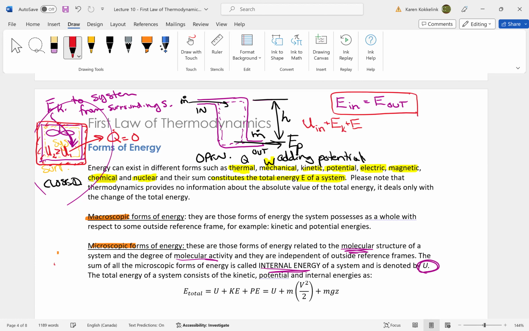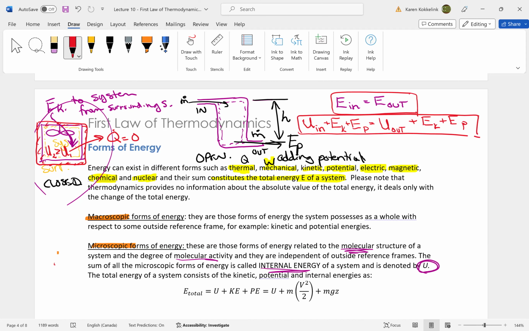I might have added some potential energy, and that will be equal to the final amount of internal energy in the system, plus kinetic energy left over, plus potential energy left over in the system. That would be our first law energy balance for any thermodynamic system.